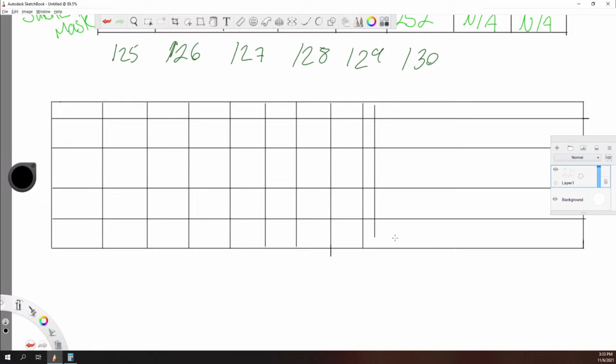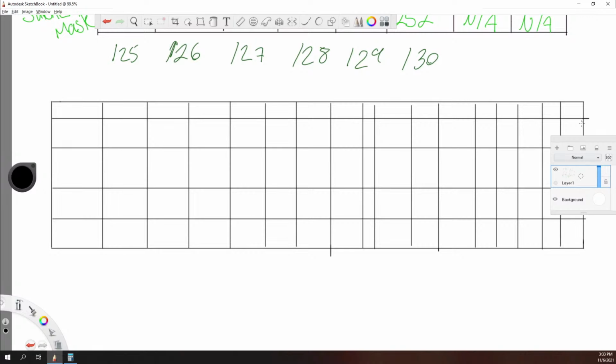Make a little space for our decimal, and then we're going to do another 8 boxes in this little tiny space. 1, 2, 3, 4, 5, 6, 7. Yeah, that's going to be really tiny, but we'll figure it out when we get there.